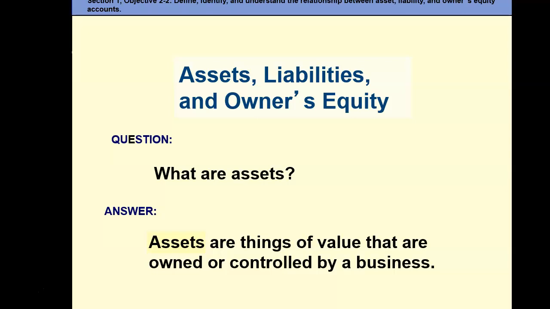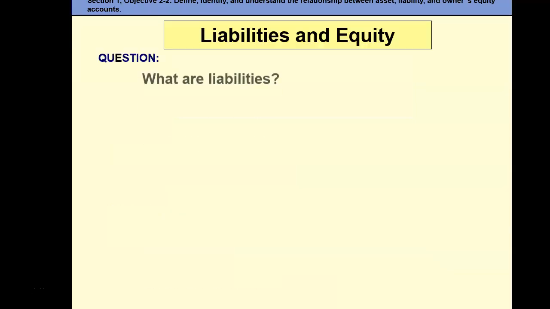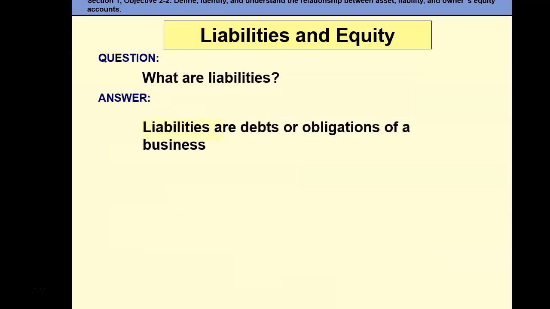Those are all examples of different types of assets. When you think about liabilities, these are the debts or obligations of a business.